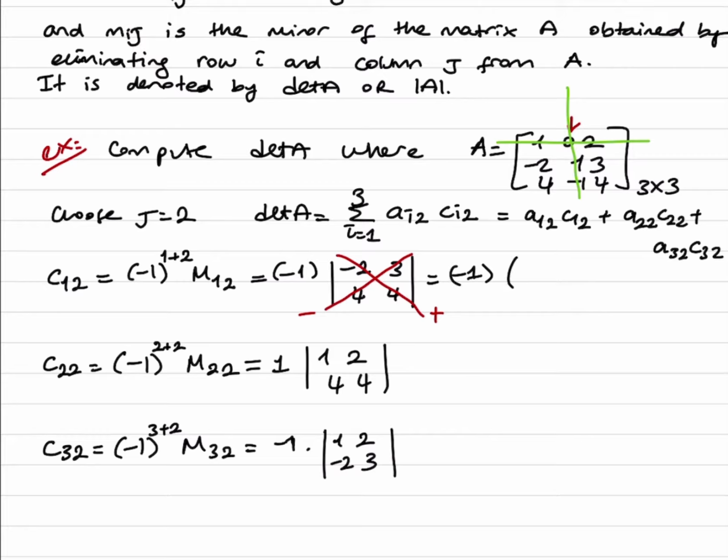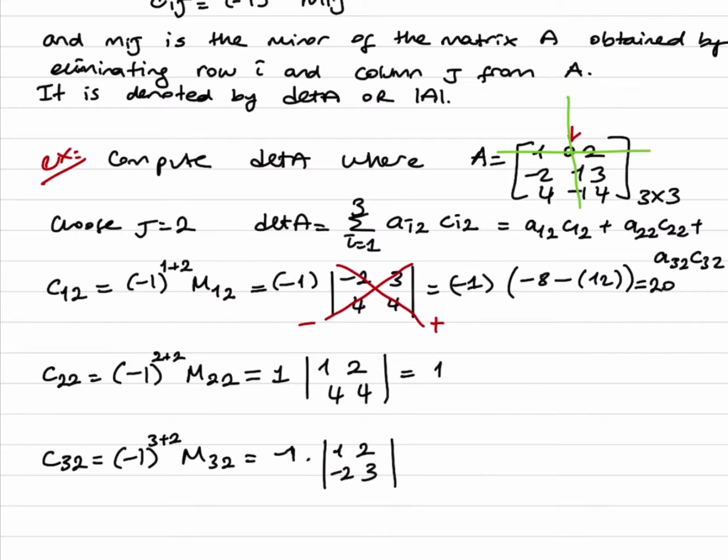So it is minus 8 minus 3 times 4, which is 12. So minus 8 minus 12 is minus 20, but with the sign, we have 20 here.